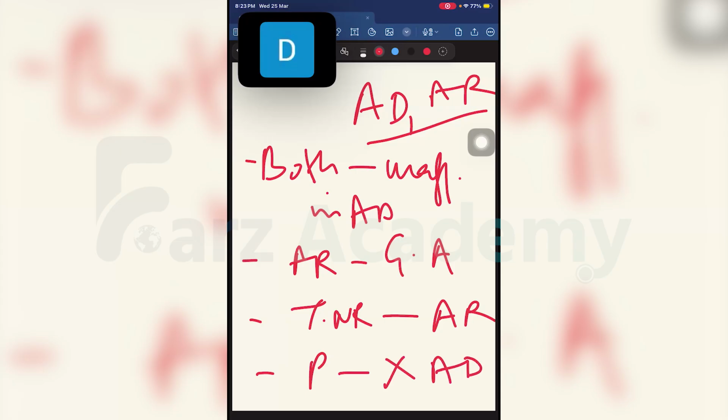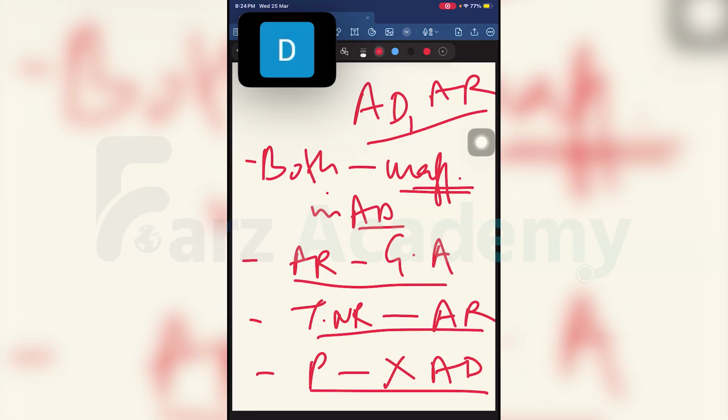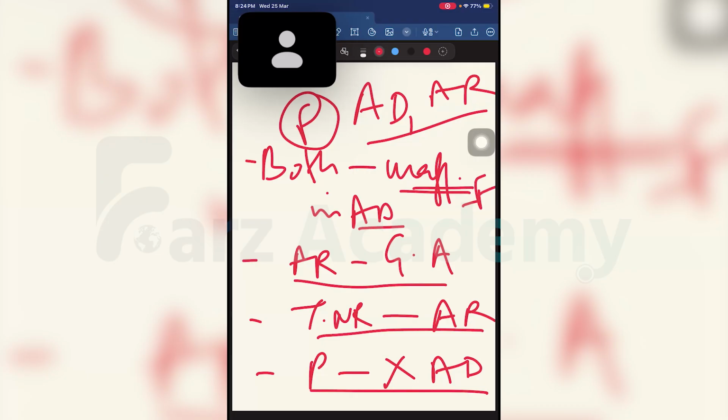So both parents are commonly unaffected in autosomal dominant. Anticipation is seen in autosomal recessive. Trinucleotide repeat disorders are usually autosomal recessive, and penetrance is never seen in autosomal dominant. Which are false? First, both parents unaffected: that is false, no chance.